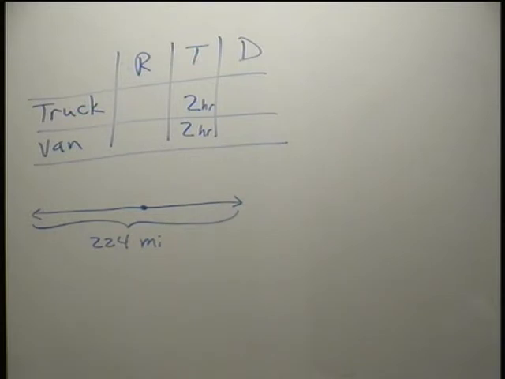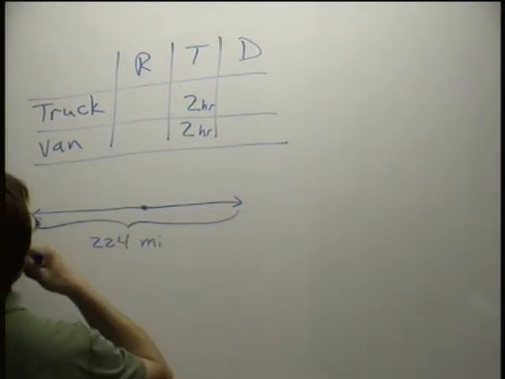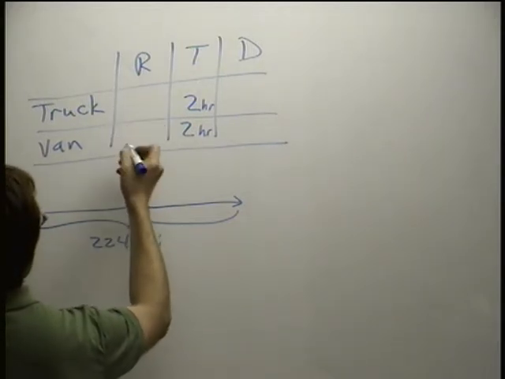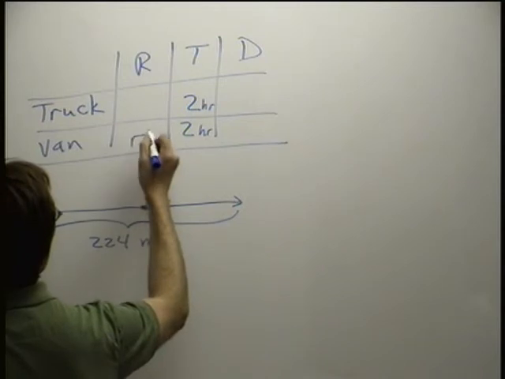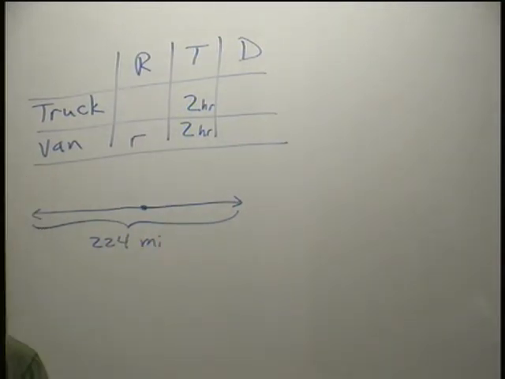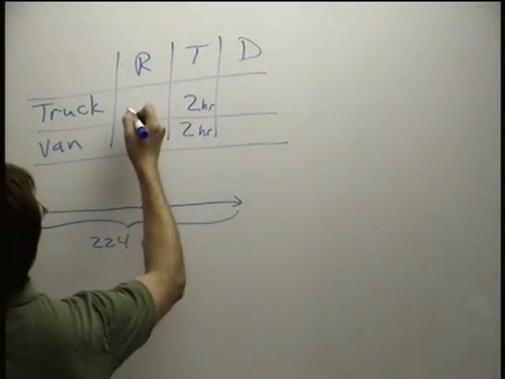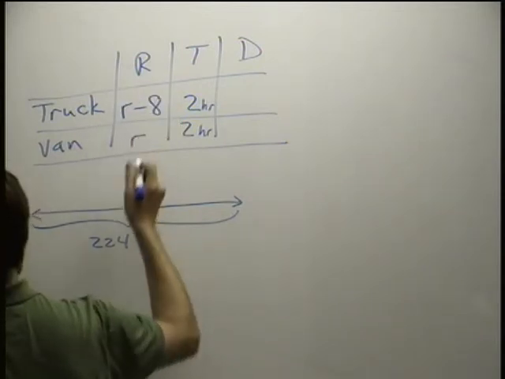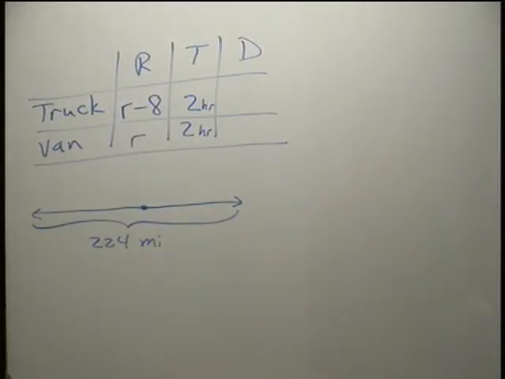And the rate, it says that the truck travels 8 miles per hour slower than the van. We don't know their rates, but we do know that the truck is going slower, so we can assign a variable r to the van's rate. And since the truck is going 8 miles per hour slower, we can assign it r minus 8.